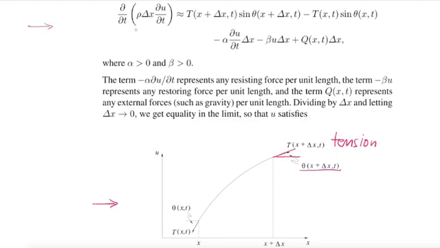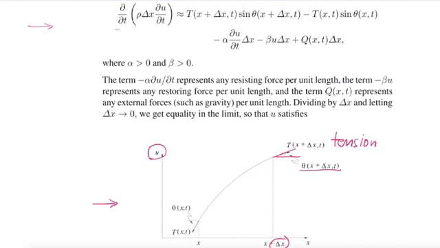So rho is the mass density along the string. Delta x is the displacement from x to x plus delta x, right down here. And u will be the extension of the string away from its resting position.